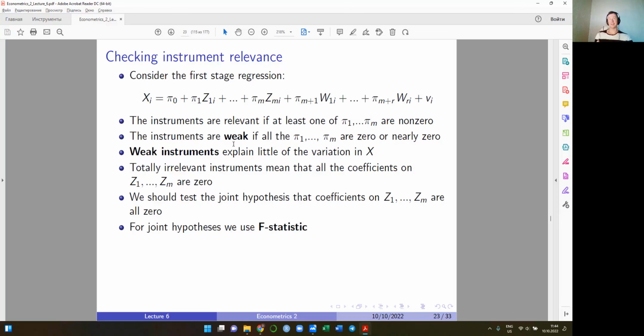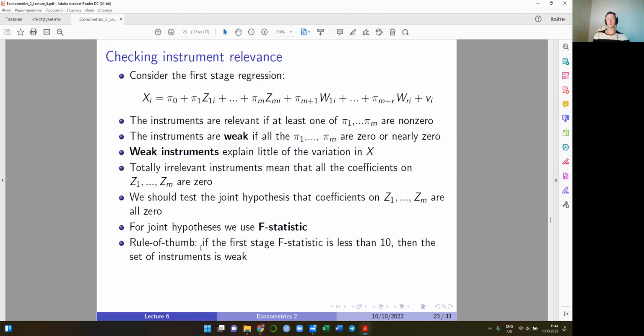It means that statistically, one of these pi's might be different from 0, but it will be very, very close in statistical terms to 0. That's why we don't want to use weak instruments. And there is a rule of thumb, kind of approximate thing. We compare the F statistic in the first stage with 10.